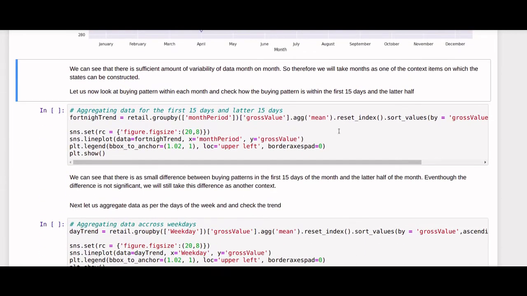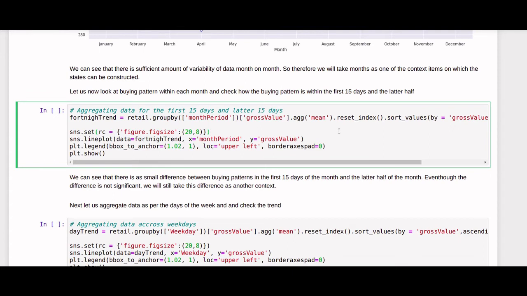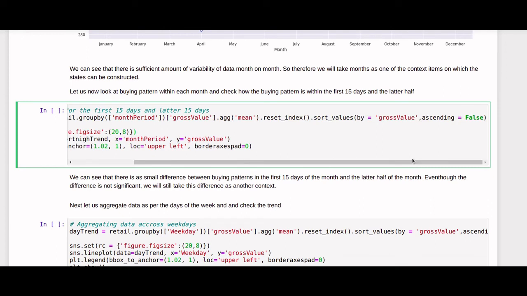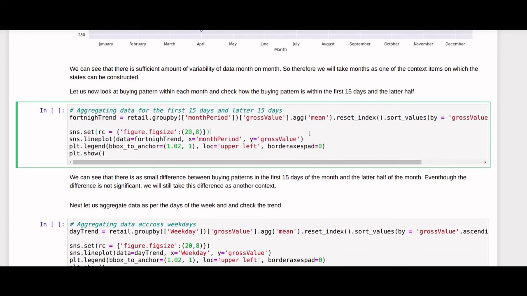Similarly, next we will look at the month period, the first 15 days and the latter 15 days, and see if there is any variability between the periods within a month. Let's look at the plot.